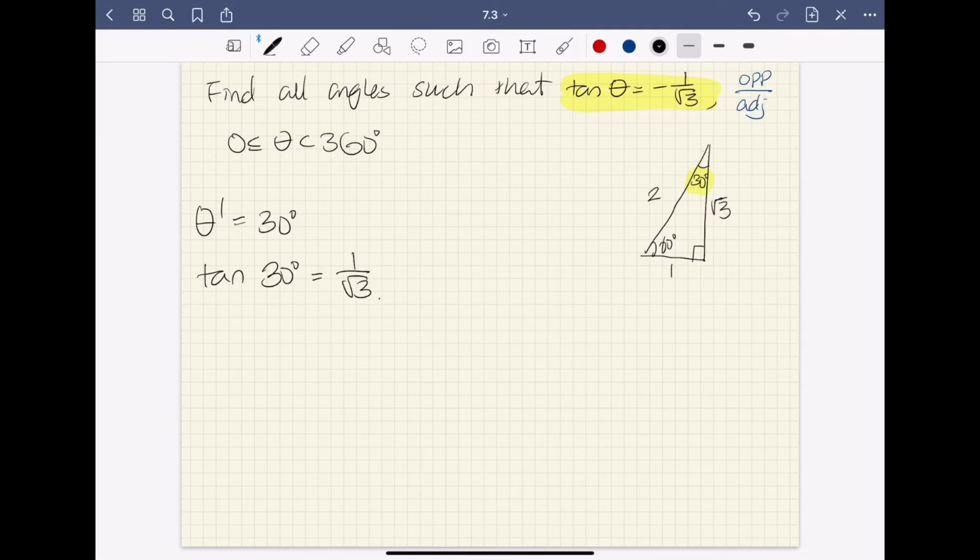So again, let's draw our standard position first. A, S, T, C. Where is tangent negative? Tangent is negative when it's at the second and the fourth quadrant.